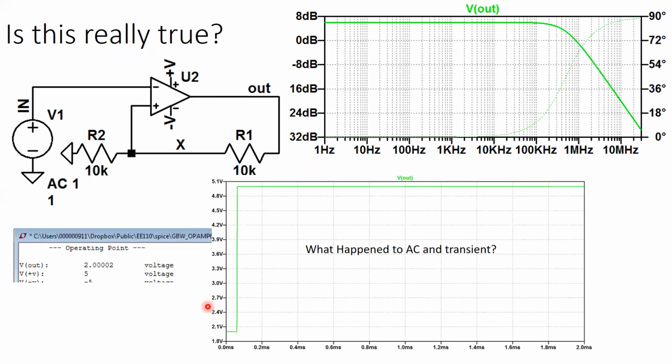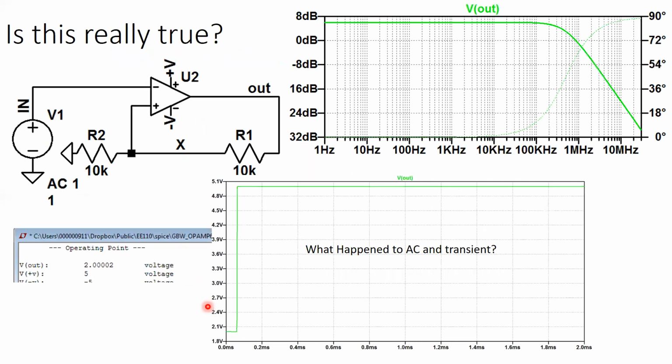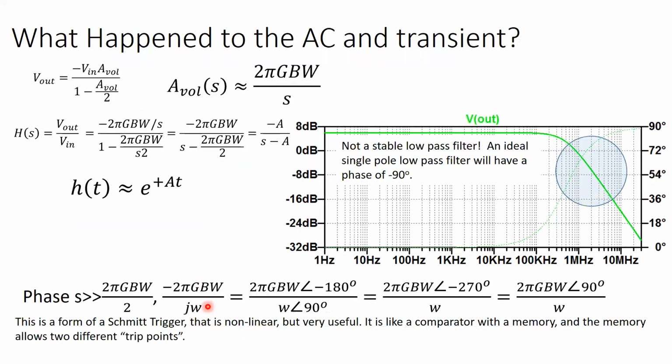Now you can still use these circuits as Schmitt triggers, right? And this whole idea of taking the inverse Laplace transform, this is all in the notes, and you can read up on it for yourself. But a Schmitt trigger uses positive feedback, and that memory helps it decide whether it's going to go high or low.